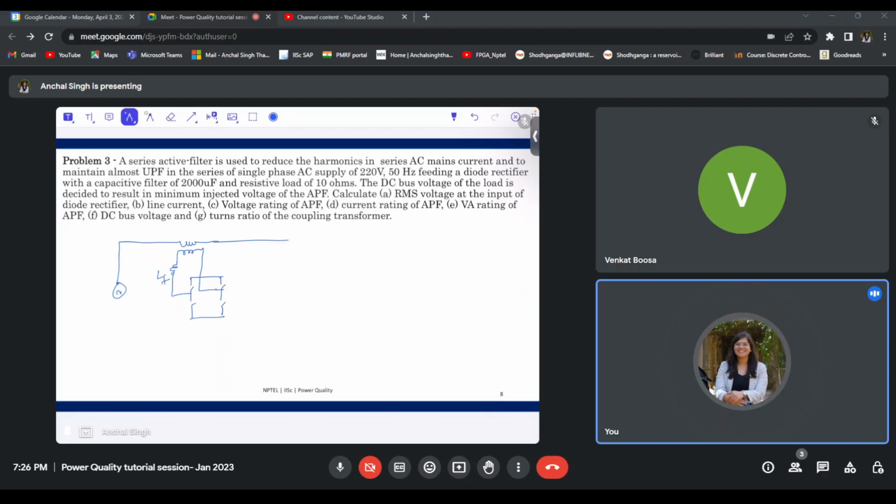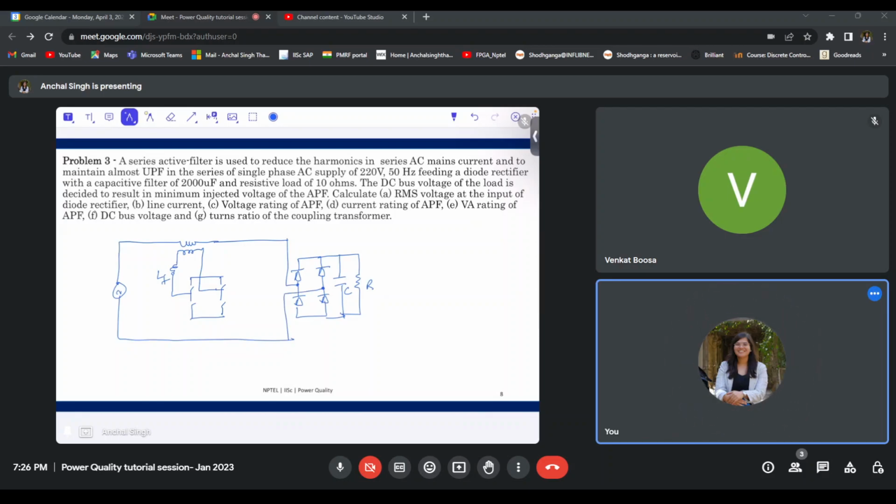Then there is a load which is connected through these terminals, and the load is a diode bridge rectifier. This is again a non-linear load, and it will be connected across these terminals like this.